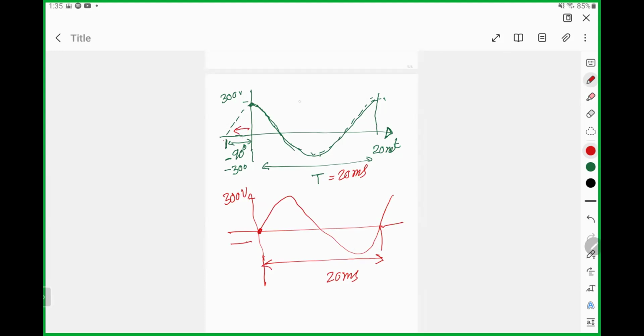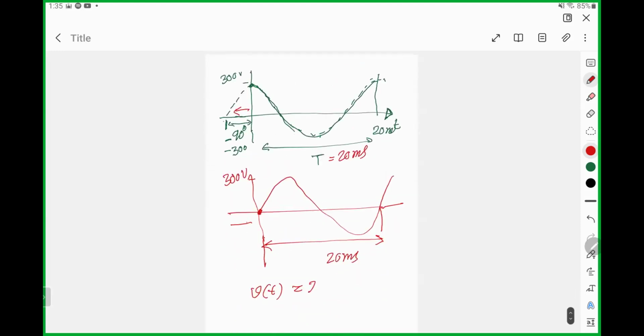I know this equation. This equation I have already given to you. V(t) is equal to, what is the value I have given? 300, right? 300 sine of 314t. So this is my equation. This is the fundamental sinusoidal equation.